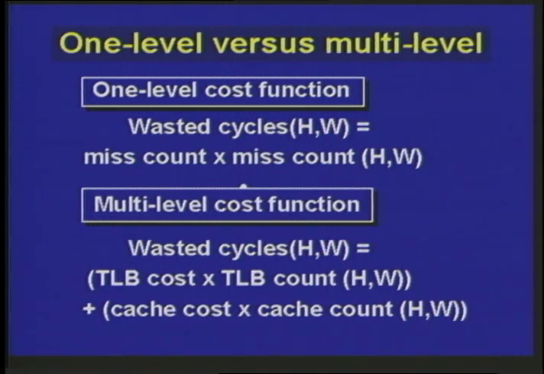And the miss count actually depends on the tile height and width. The multi-level function, in contrast, puts in the factor both for TLB and for cache. And what that's going to allow us to do in optimizing this problem is actually to trade off the relative costs of TLB and cache by doing a single optimization.